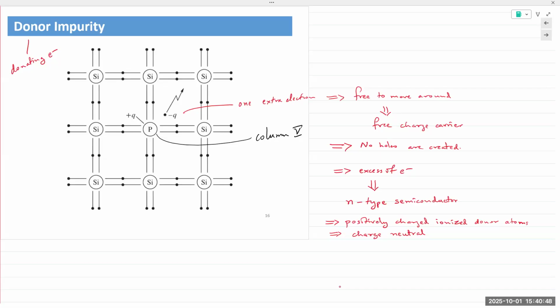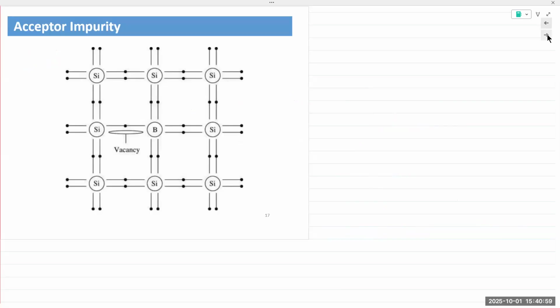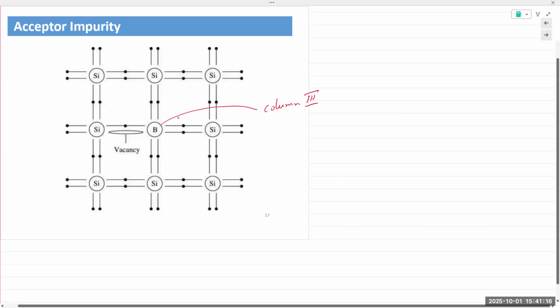Okay. So we talked about N-type. I'm guessing you should be able to name what the type would be if we add a column 3 element in there. The most common one is boron, B. So this is from column 3.